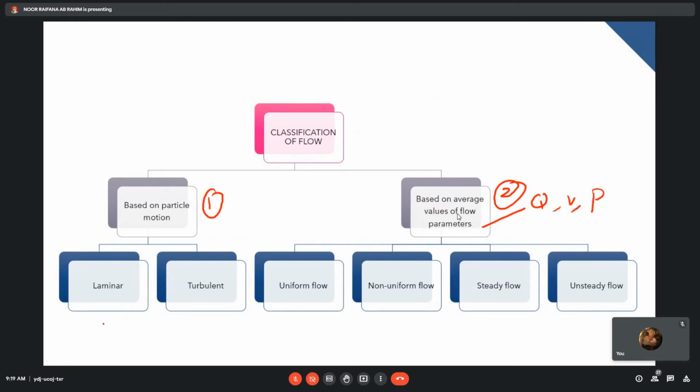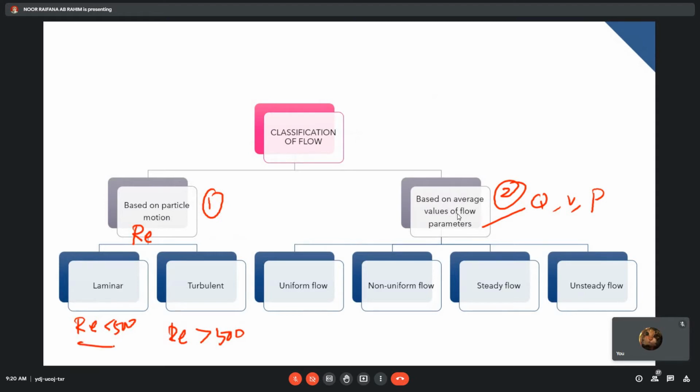For laminar, based on particle motion ni, kita akan refer untuk Reynolds number. Kalau laminar, Re lebih kecil daripada 500. For turbulent, untuk open channel, Reynolds number is greater than 500. This one is for open channel.